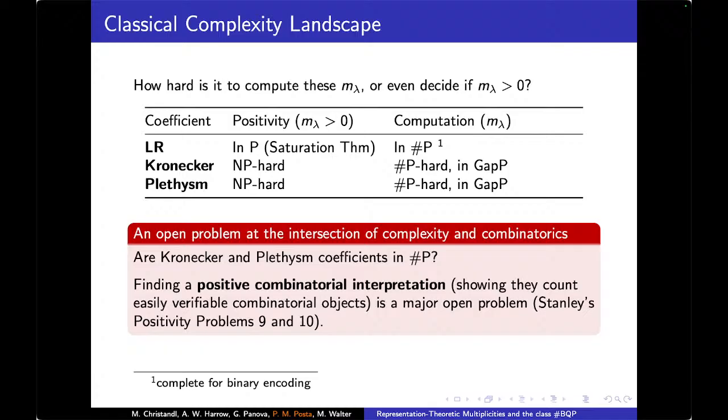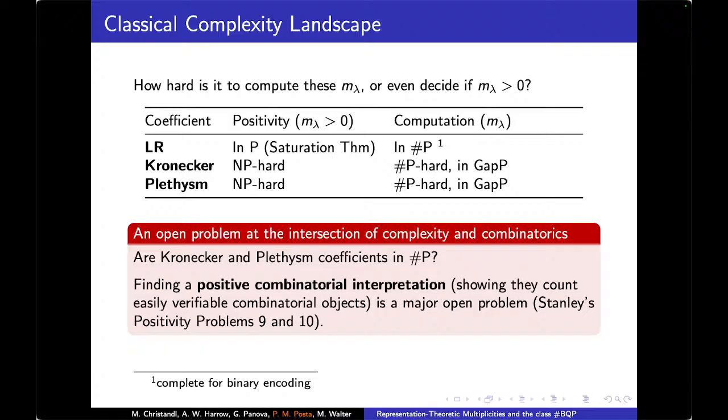And since the progress on this is slowly going on, but it doesn't really seem that we are close to managing to put this into one of these classes, one may think, well, what if we generalize the model of computation? Since this is a problem both in algebraic combinatorics and in computational complexity, what happens when we take other models of computation?